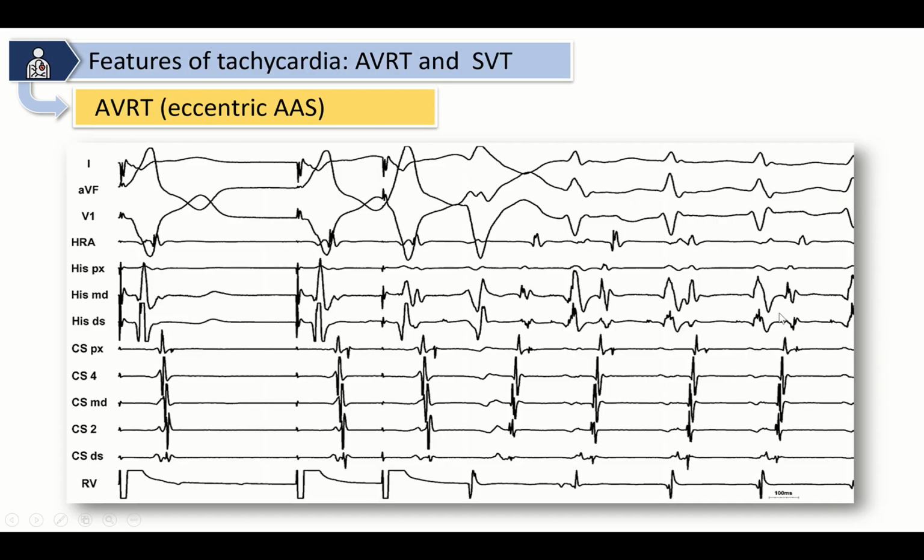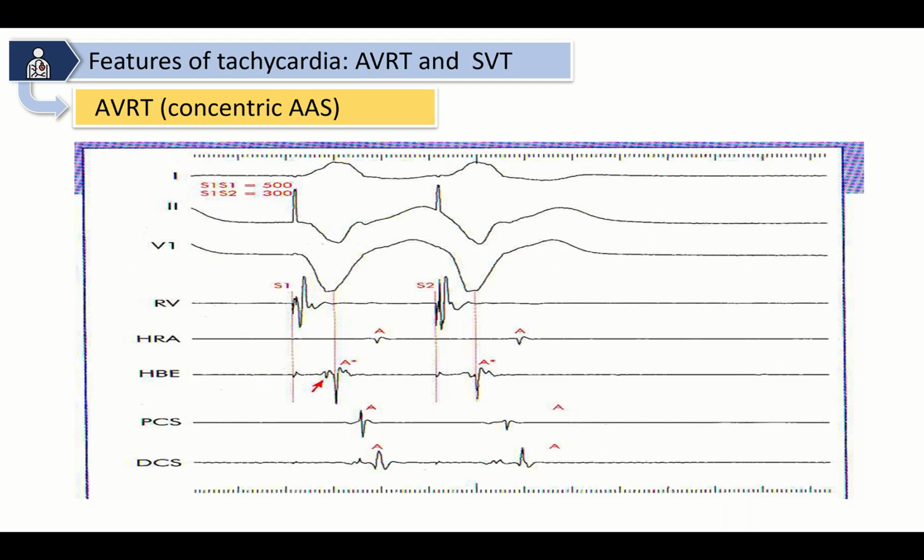And this is a case of left lateral accessory pathway, earliest atrial activation on the right side of tachycardia at CS 1 and 2, distal CS. What does it mean? It is eccentric atrial activation. It is AVRT using left lateral accessory pathway. However, in this case, we can appreciate retrograde conduction at His.